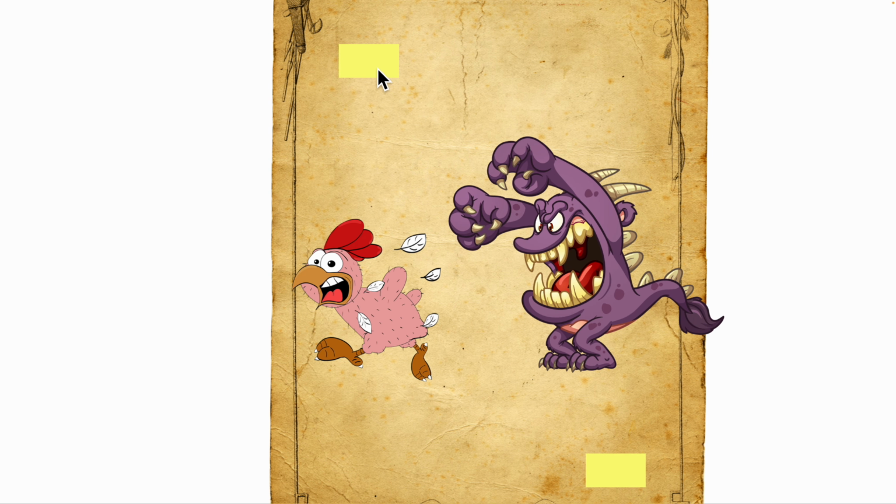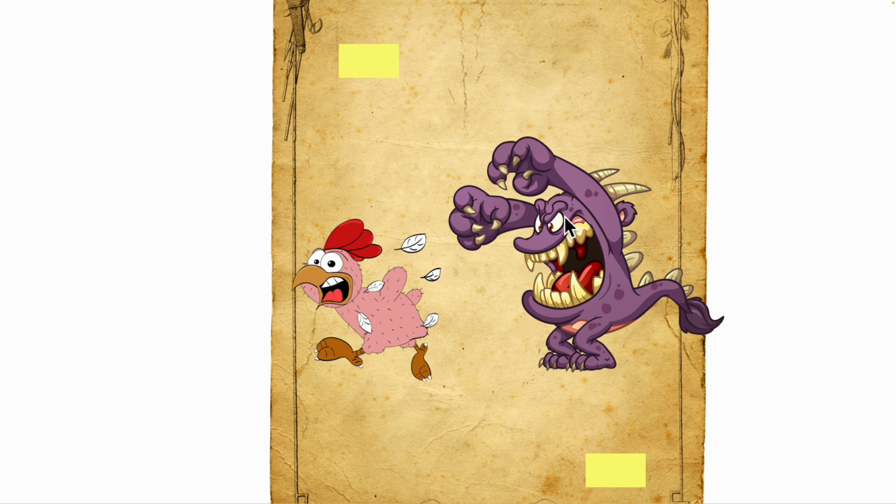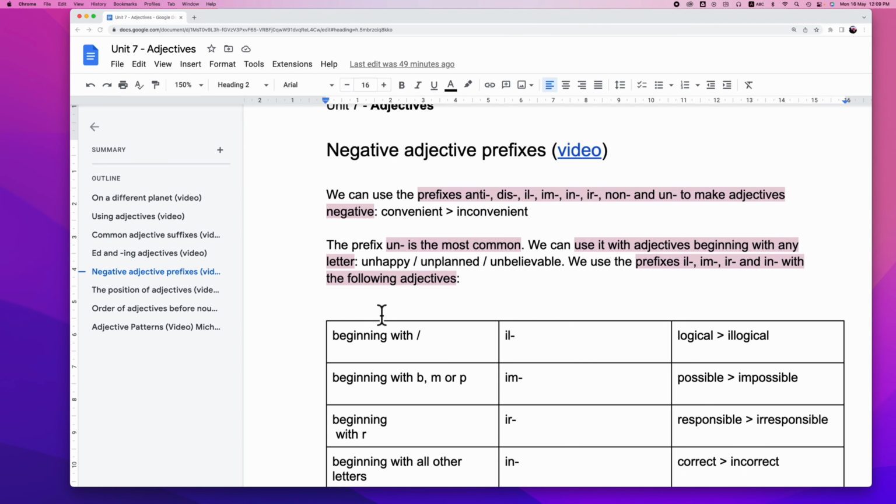So in the poem, we already have an adjective, starting at the beginning. This one reminds us of the prefix, and this one reminds us of the suffixes. And the poem, as well as the ing adjective, as well as the ed adjective. Then what's next? Let's take a look.